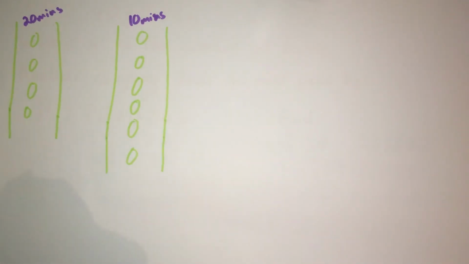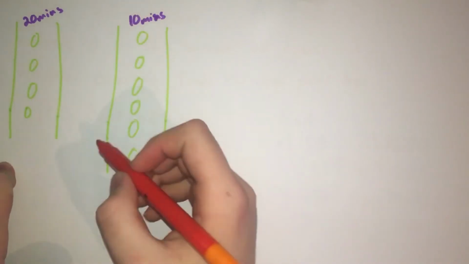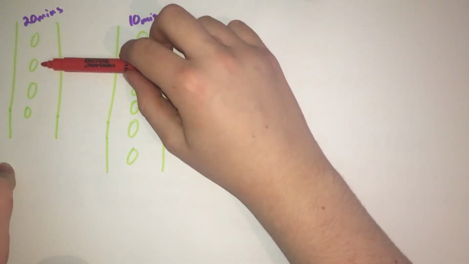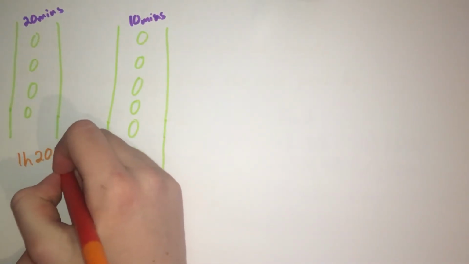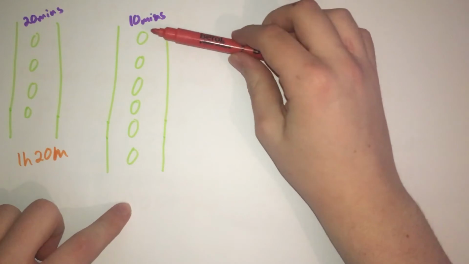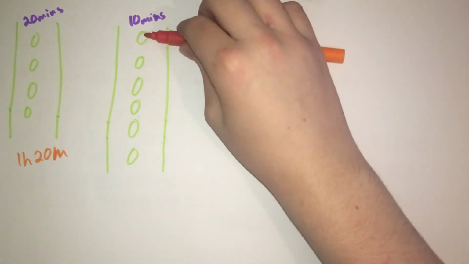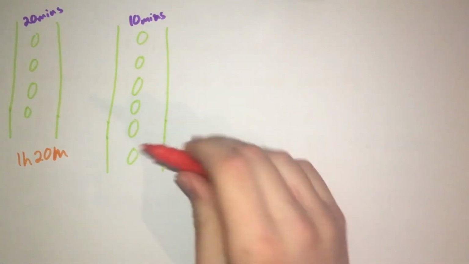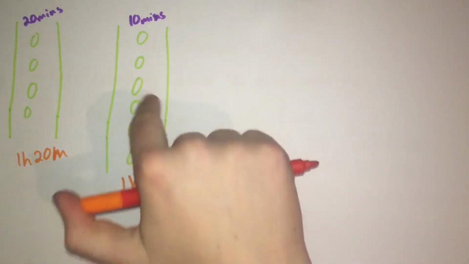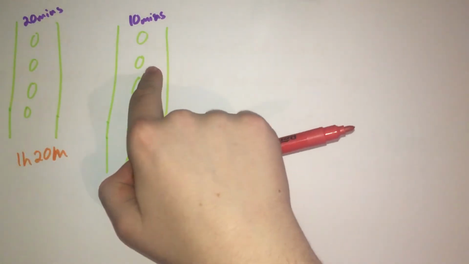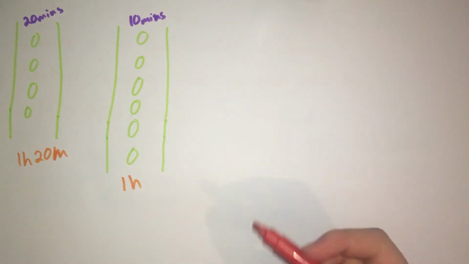If each of these is 20 minutes, that's 20, 40, 1 hour, 1 hour 20 minutes. On this one, that's 10, 20, 30, 40, 50, 60, so an hour. So obviously we would want to join this queue, but what about in other circumstances?